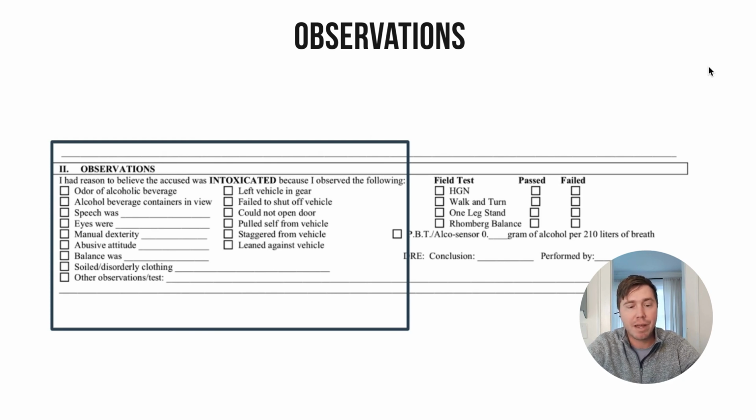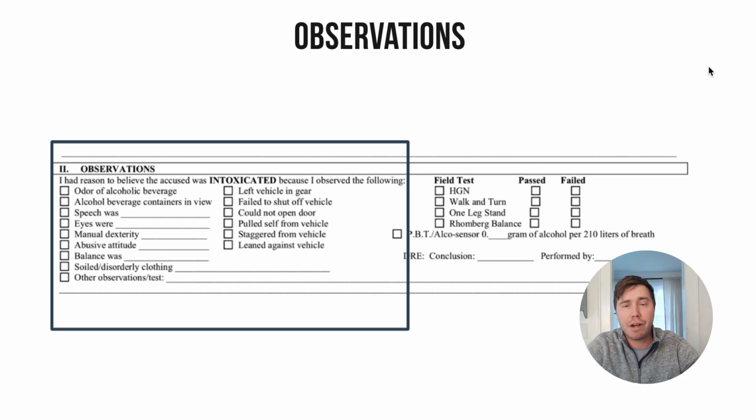They could list something about their balance, they could indicate things about soiled or disordered clothing. They could also observe things like failing to shut off the vehicle, having trouble with the window, leaving the vehicle in gear. They could also make observations about just your presence in front of them. Were you unbalanced or staggering or leaning against the vehicle?